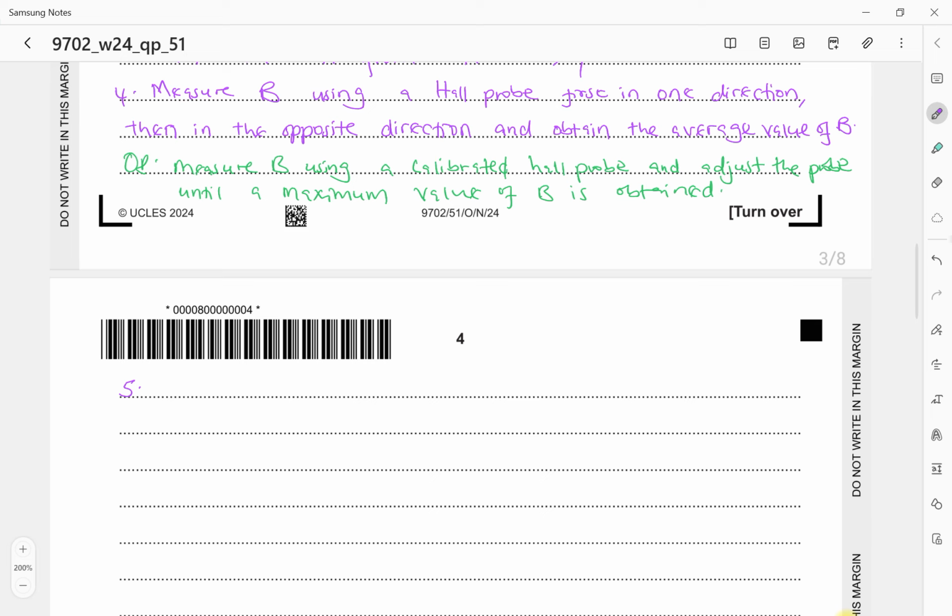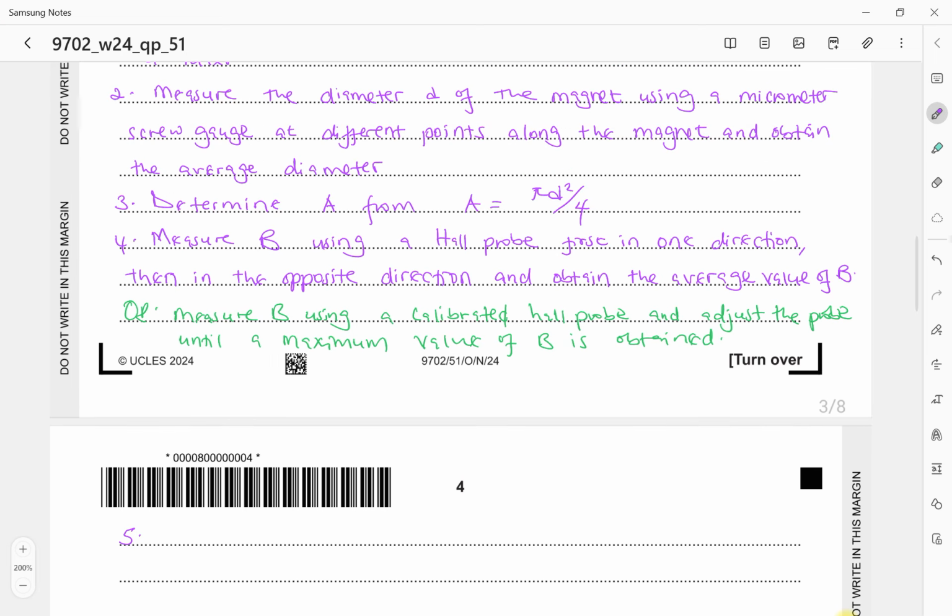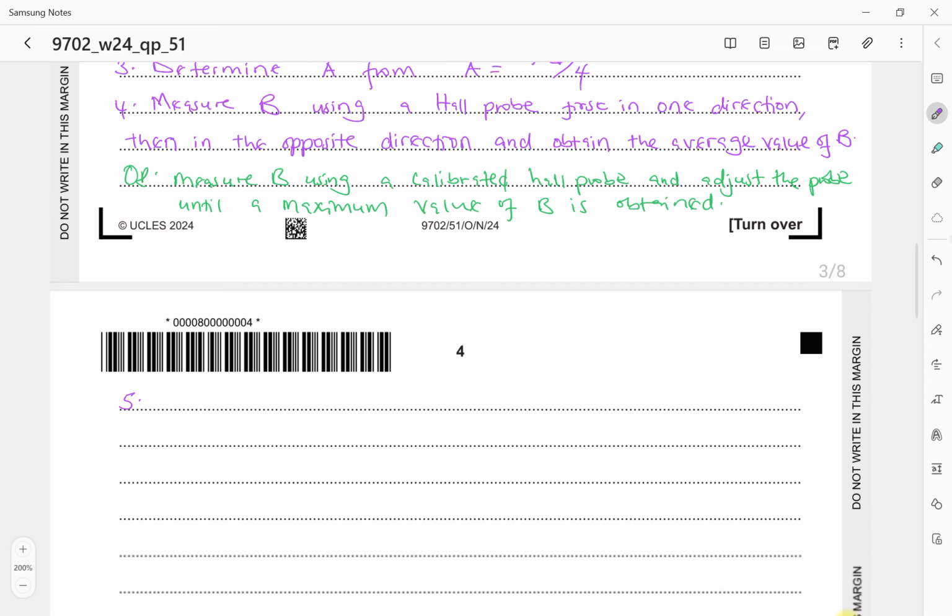So where should I write it? Measure B using a Hall probe first in one direction, then the opposite direction, and obtain the average value of B. So I'll just write a point here and say use a very strong magnet.